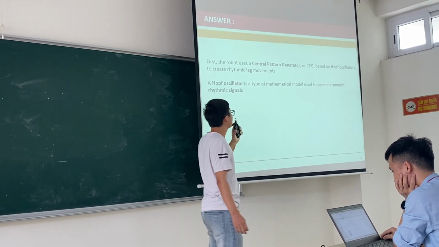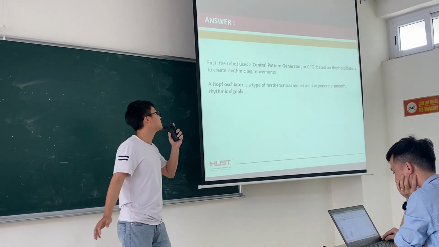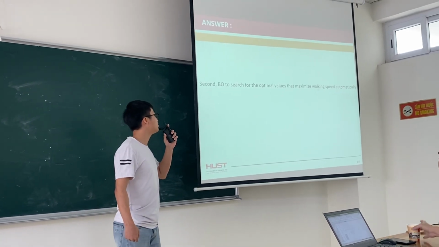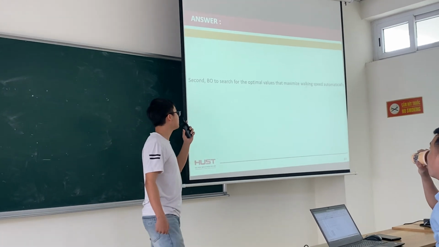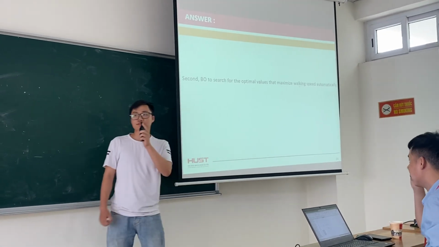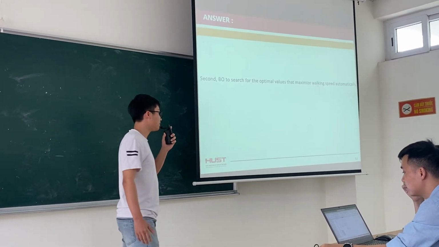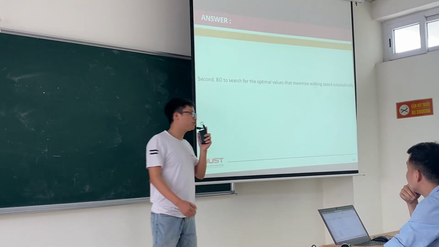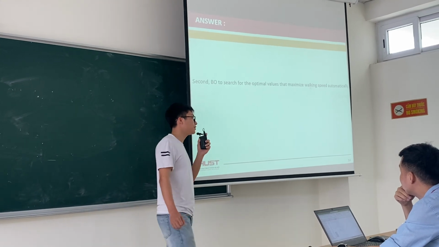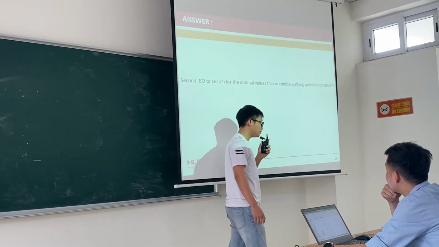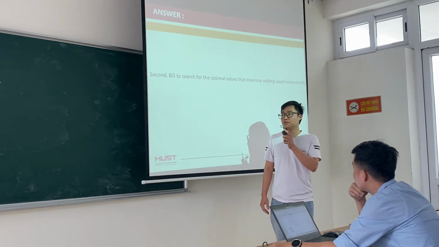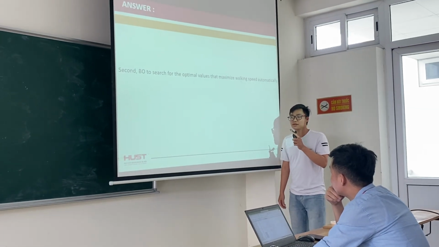So let's move to why we need to use BO. For the gait to be effective, we need to tune the parameters of the CPG, such as amplitude, frequency, or phase offset between legs.